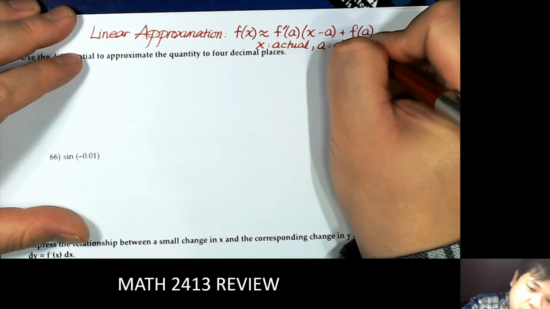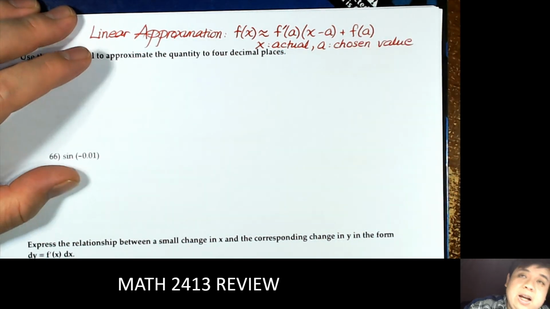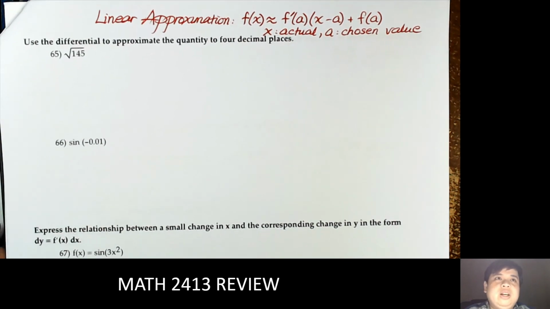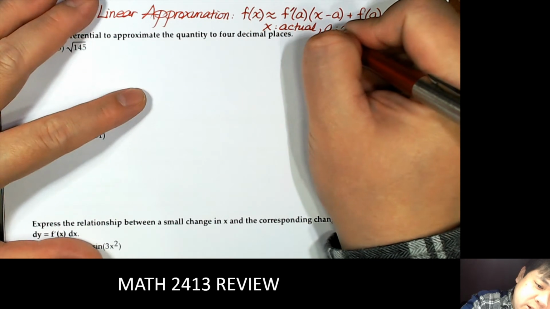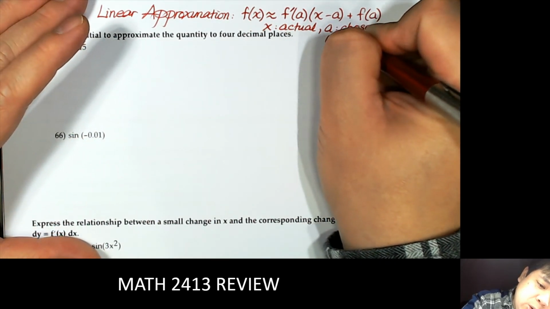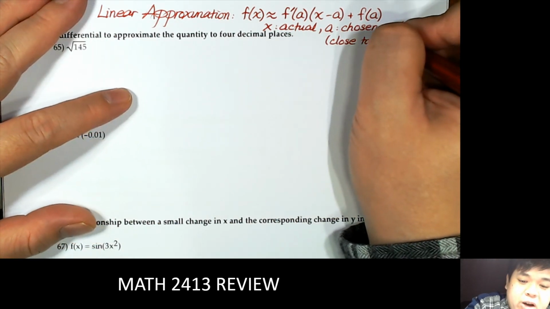Of course, when we choose the numbers, we choose something that will be very easy to calculate. The chosen value is close to x, and it's easy to evaluate.